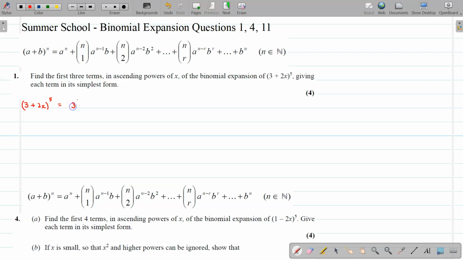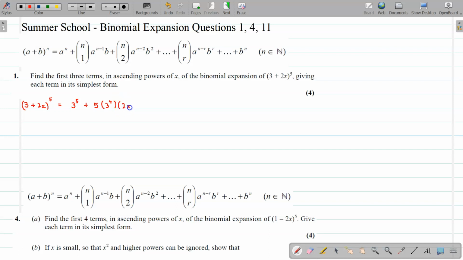So it's 3^5, then it's 5C1, which of course is 5, multiplied by 3^4. You need to be careful about using brackets where appropriate. I tend to prefer that to multiplication signs, but you can use them, and that's times b, and b is 2x.